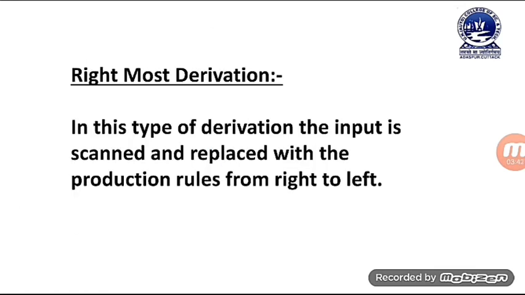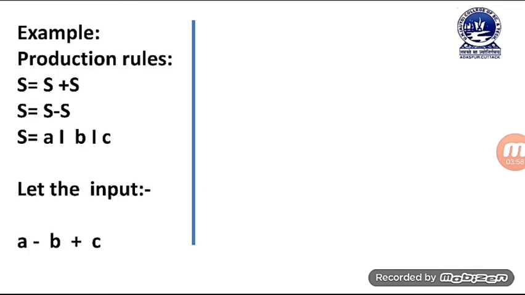Now we will discuss rightmost derivation. It is just the reverse or the opposite of leftmost derivation. In this type of derivation, the input is scanned and replaced with the production rule from right to left. Now we will take one example, the same example I have taken here, and I am going to explain it so that it will be clear for you.